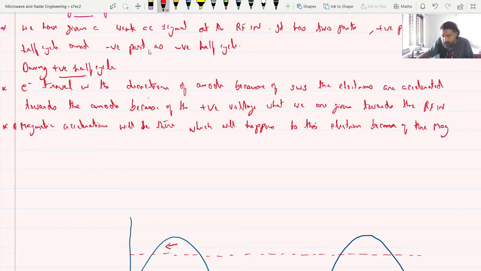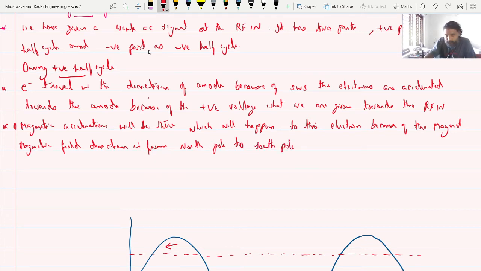Okay. The magnetic field direction is from north pole to south pole, as shown in the figure.